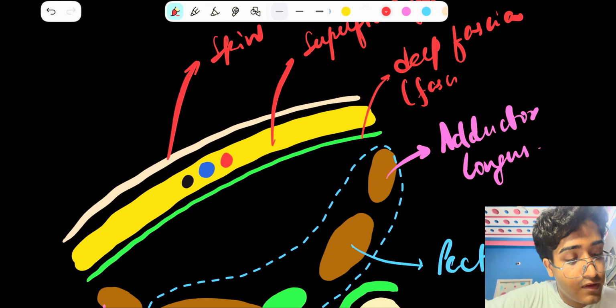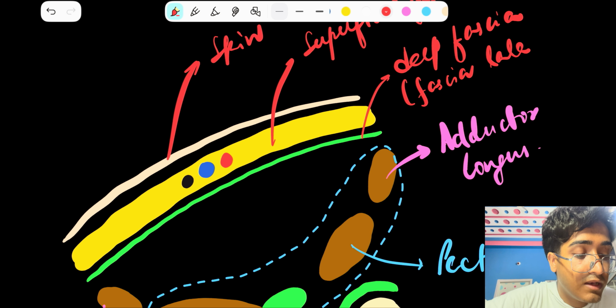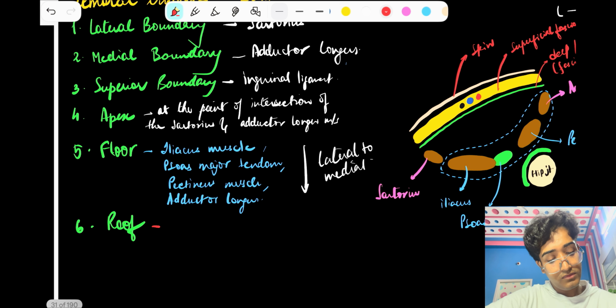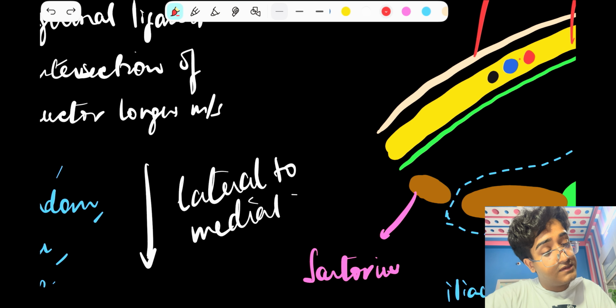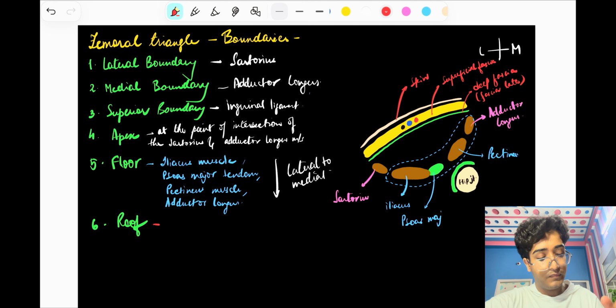It is known as fascia lata. Now there are other structures included in the roof of the femoral triangle: the cutaneous arteries, the cutaneous veins, and the lymphatics. We'll write it here.